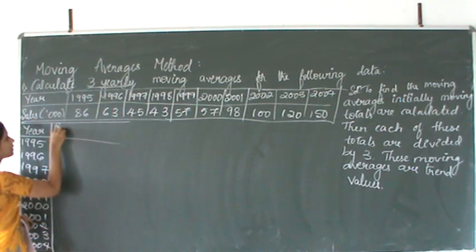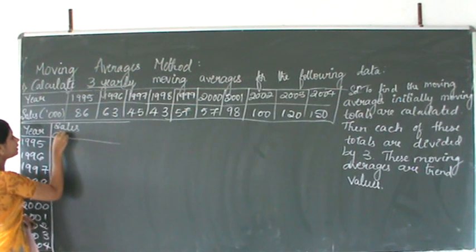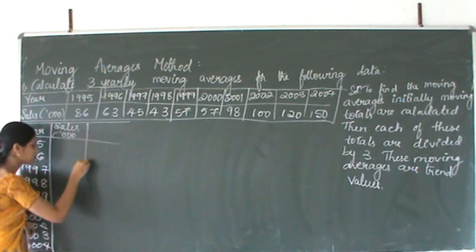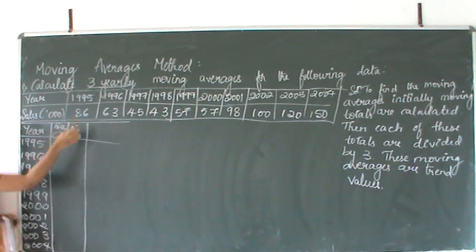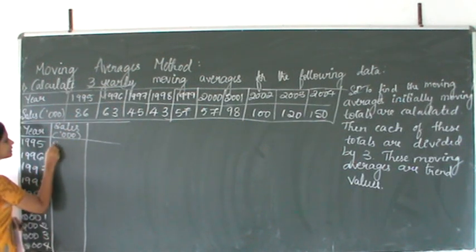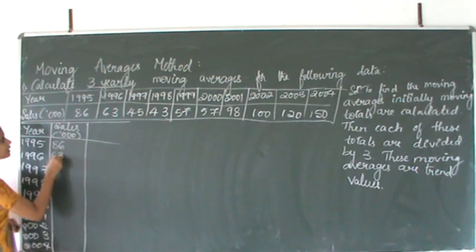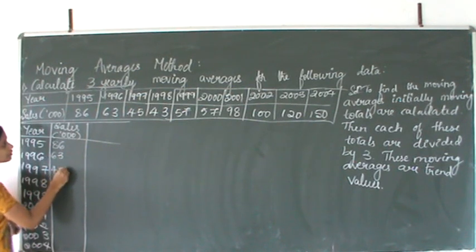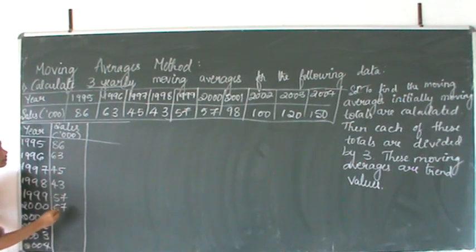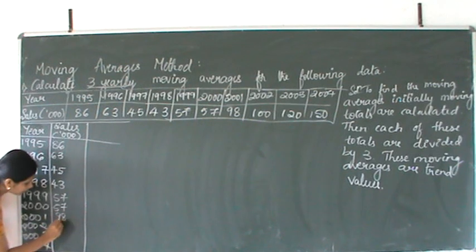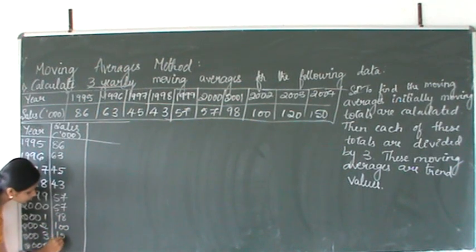Now sales. Sales are written in thousands. Write the values of sales: first 86, 63, 45, then 43, next 57, once again 57, then 98, 100, 120 and 150.